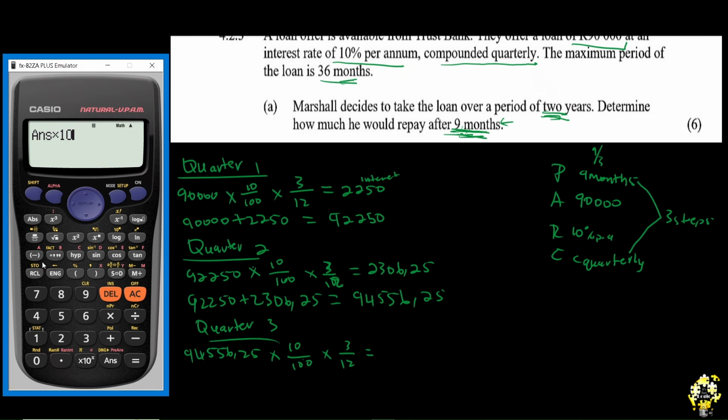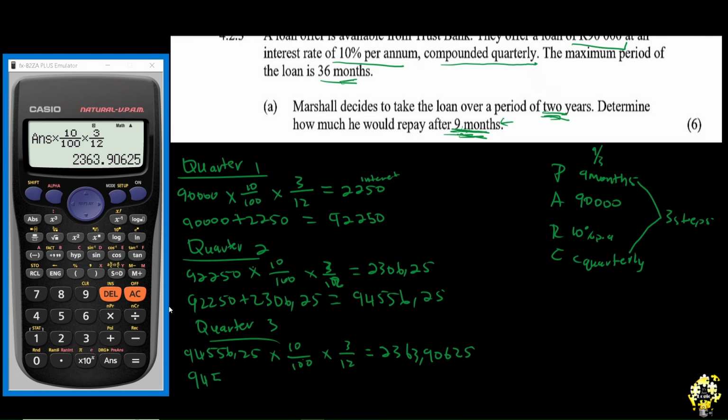So it's 10 over 100, and it becomes 3 over 12. What do we get? We get 2,363.90625. Oh, we don't know it's interest. What do we do to it?